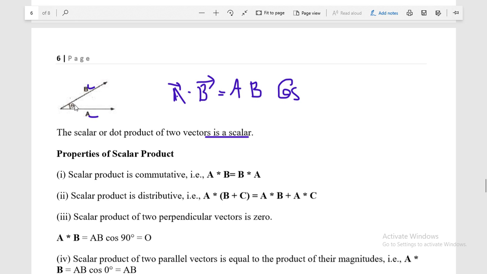You can see this theta is smaller, there may be another angle between these two like this, so we need this smaller angle. So cos theta.